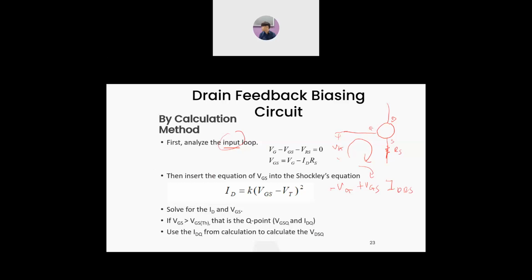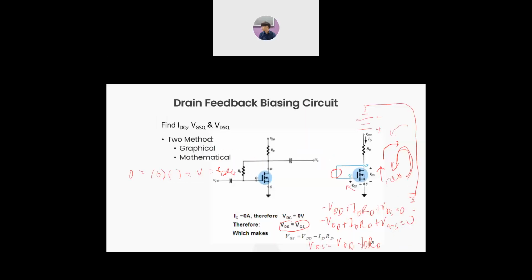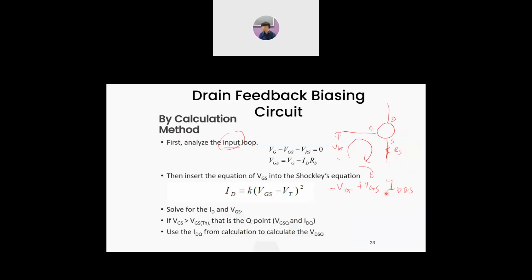For example, if we stick to this slide and go to the previous one, you see the current is going in, so it is in the opposite direction of the loop direction. So it is minus, equals 0.